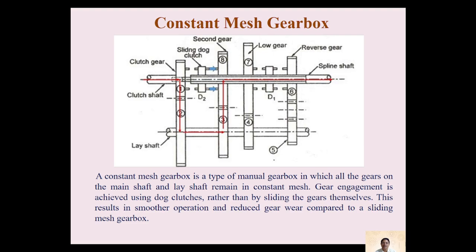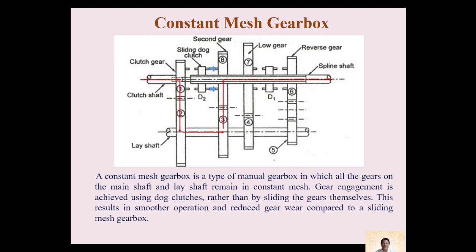Constant mesh gearbox: the meshing is constant. It is a manual gearbox in which all the gears on the main shaft and lay shaft remain in constant mesh. Gear engagement is achieved by dog clutches, which are used to change gears rather than by sliding the gears themselves.